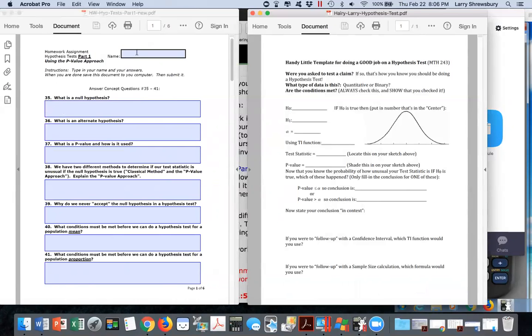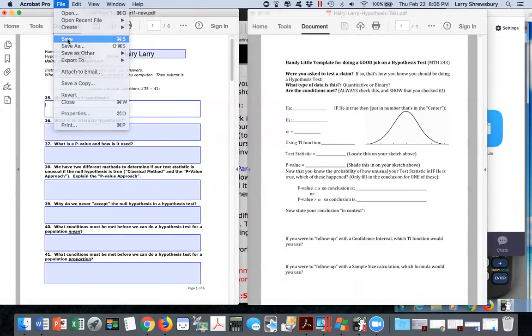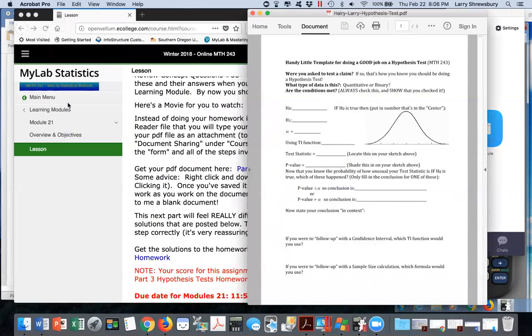But in theory, you can go in here and you can type. Let's make sure that you're able to save your work. So I'm going to do a File, Save, and then I'm going to close this, because you don't want to do all this work and then find out later that you can't save it.